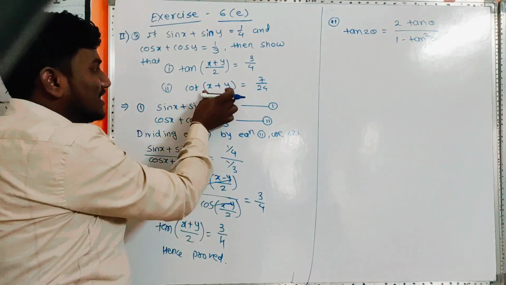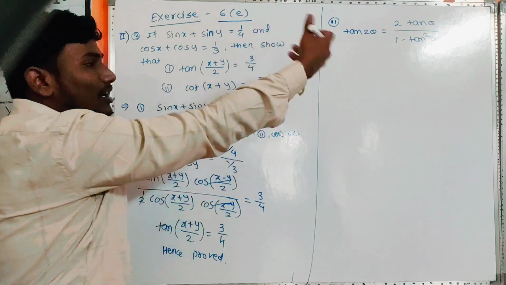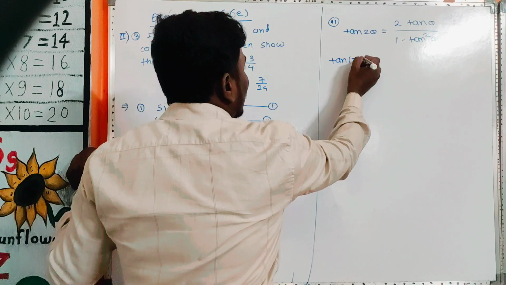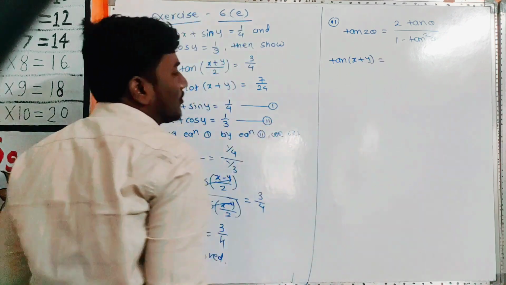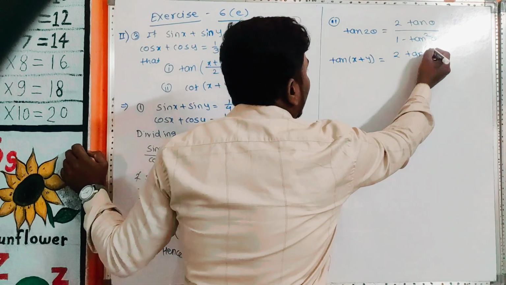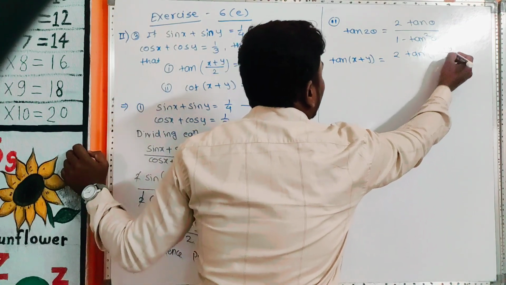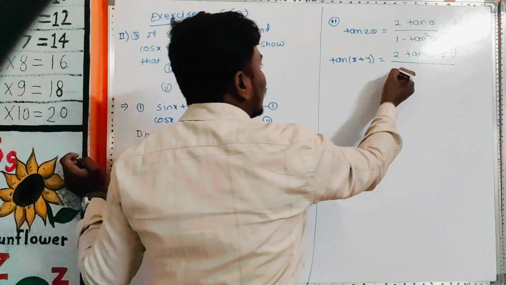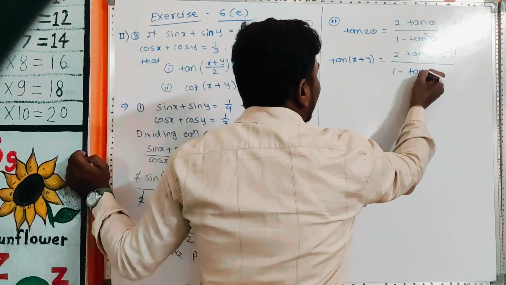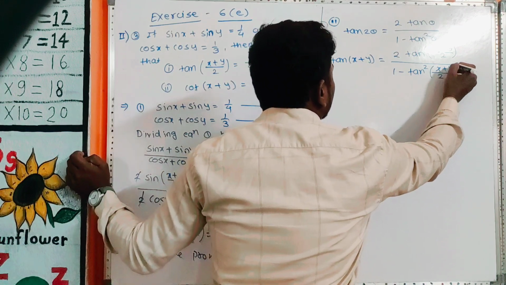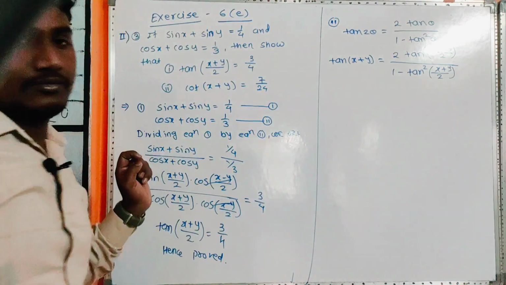So we consider this as a double angle, meaning single angle converts into half angle. I want to find tan(x+y). What do we get? Apply this formula: 2 tan((x+y)/2) divided by 1 - tan²((x+y)/2). Is it clear?